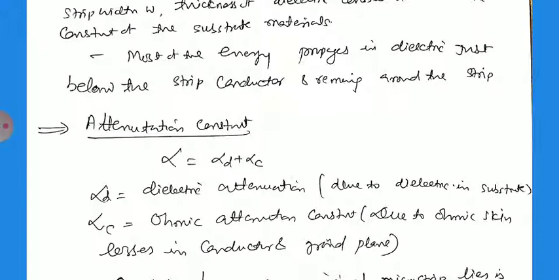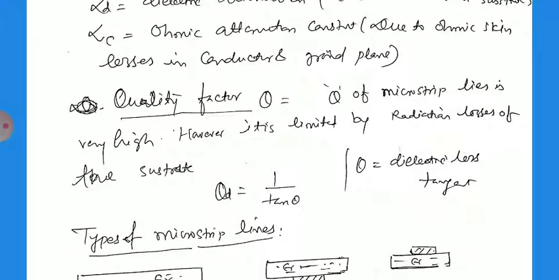Alpha d is the dielectric attenuation due to the dielectric substrate, and alpha c is the ohmic attenuation constant due to the ohmic skin losses in the conductors. The quality factor of microstrip lines is very high, however it is limited by the radiation losses of the substrate. So Qd equals 1 divided by tan theta, where theta is the dielectric loss constant that we have discussed earlier.